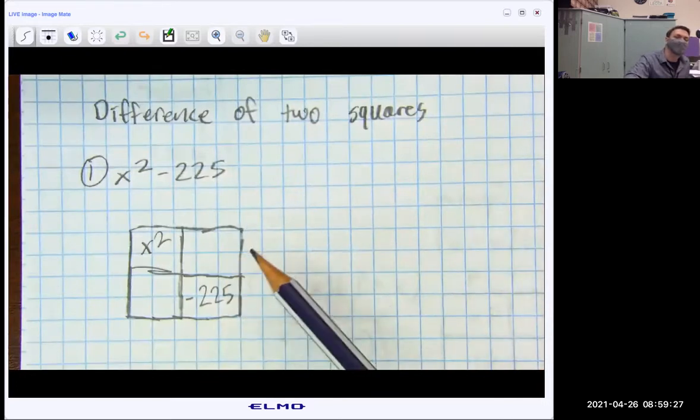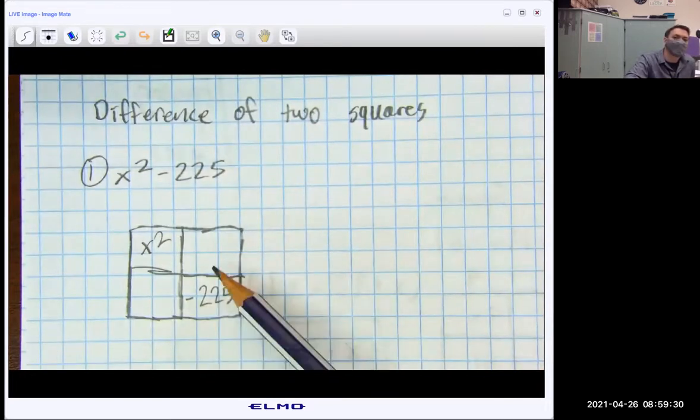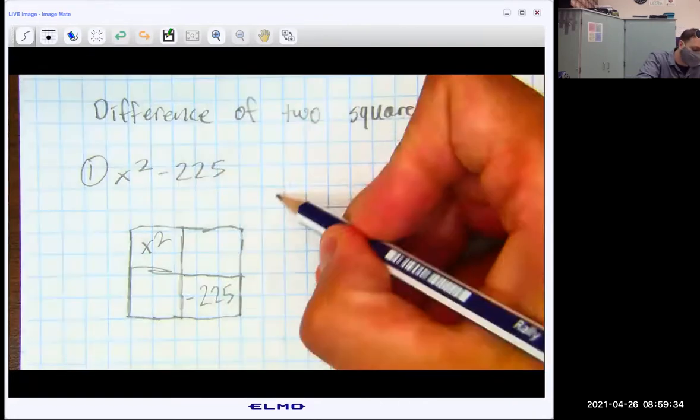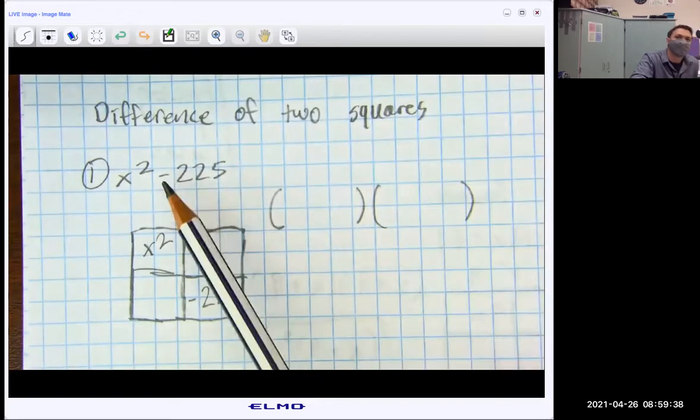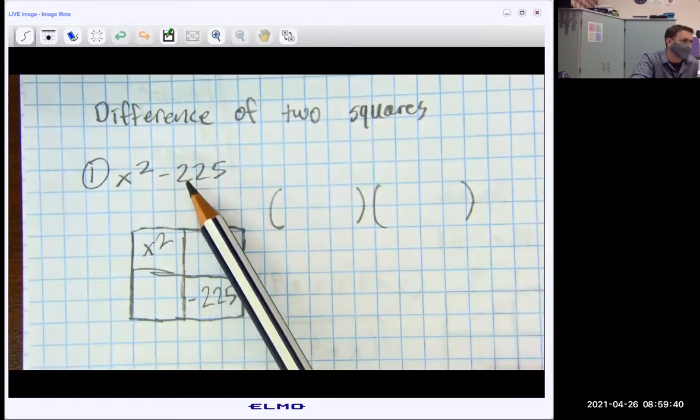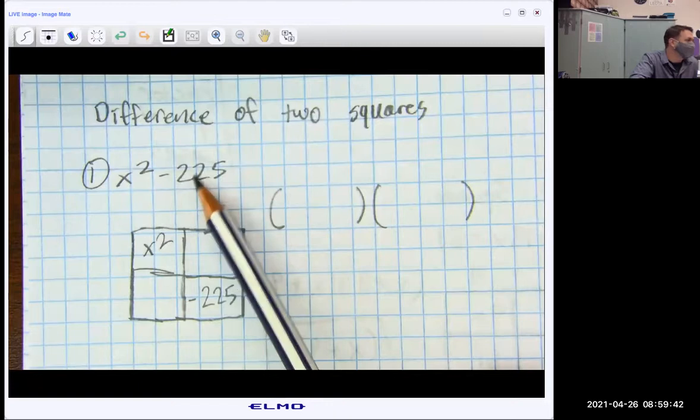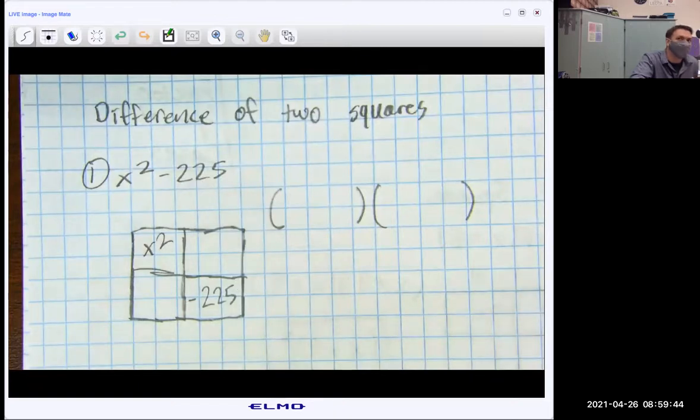But whatever they multiplied in these boxes here, canceled out, they went away. So as I factor it, what I'm asking myself is, what are the factors of negative 225 that add to make 0? Because there is no b term, b is 0.